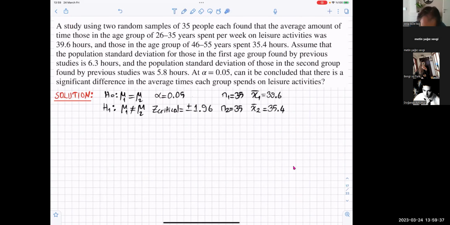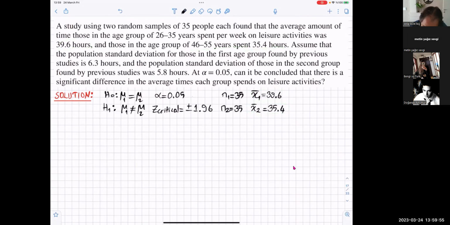So that is the first group, and the second group has a sample mean of 35.4 hours for that age group.